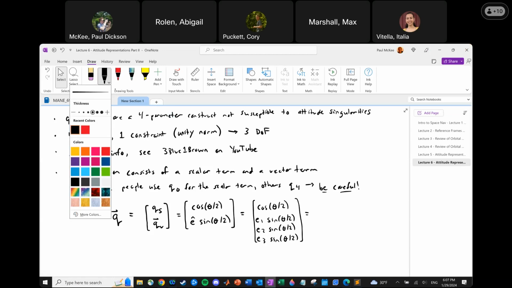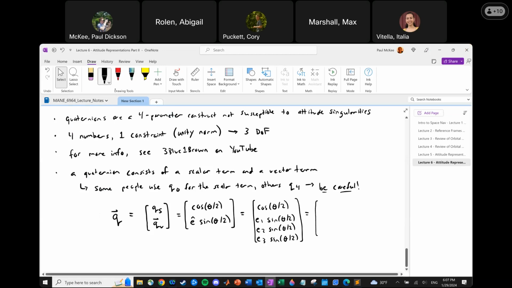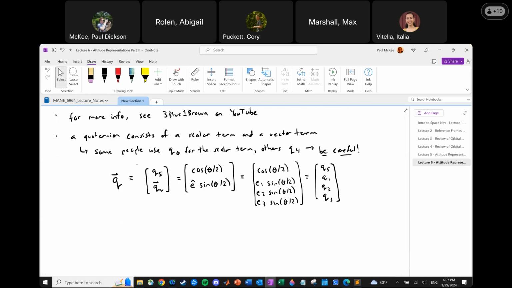This is equal to this. So I'm going to break it down as QS, Q1, Q2, and Q3. There's our quaternion. Now, a quaternion carries a unity norm constraint.